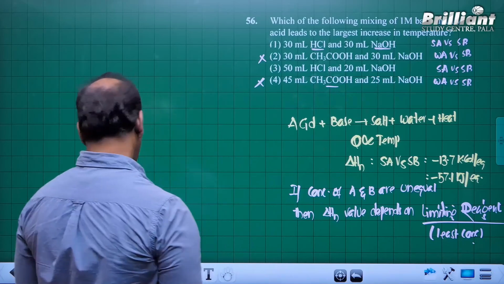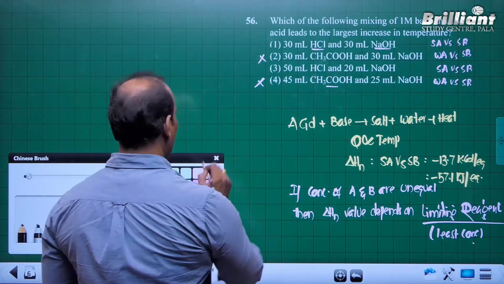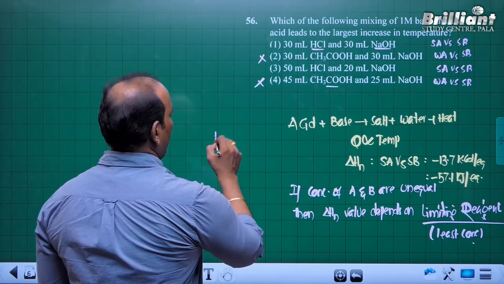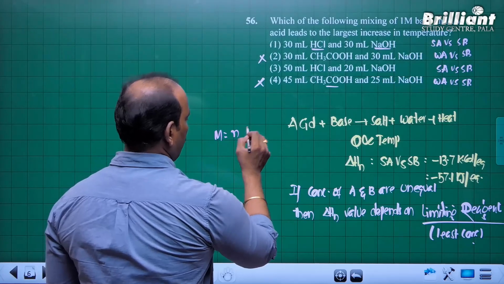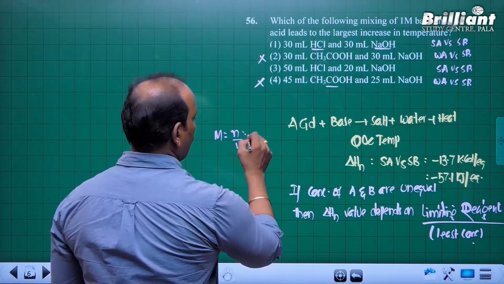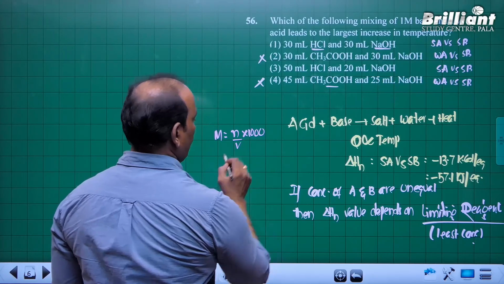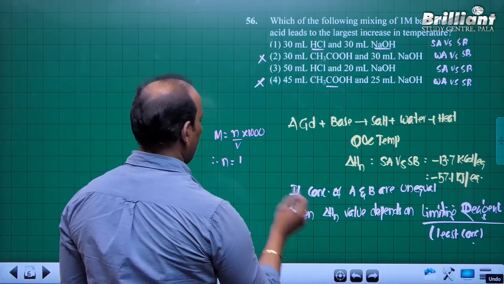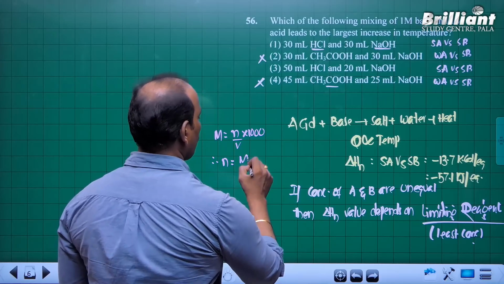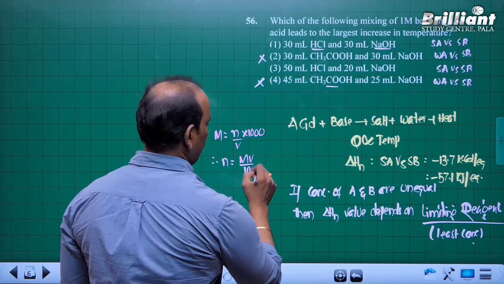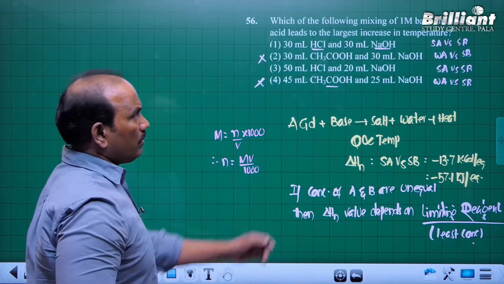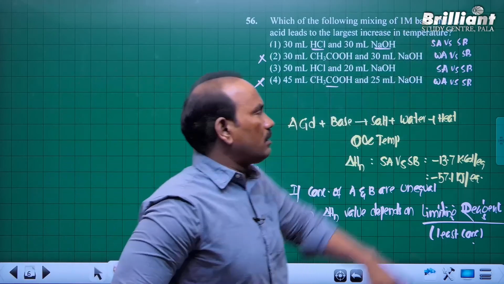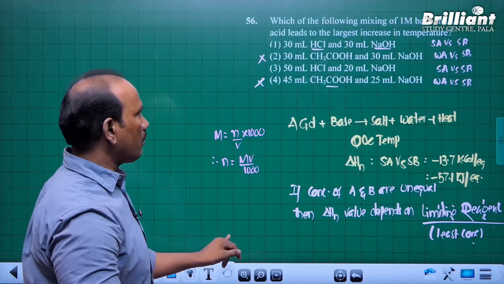Okay? So we go to the formula: molarity equals n by V into 1000. Therefore, normality equals MV by 1000. Now here acid and base molarities are equal.